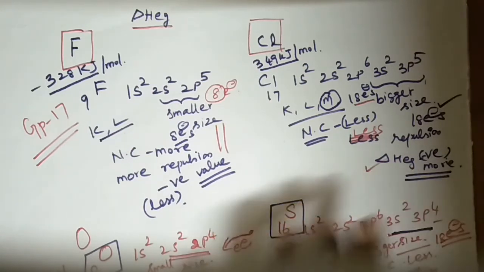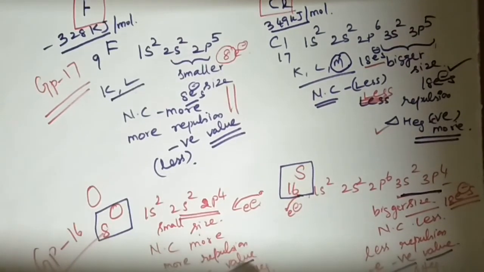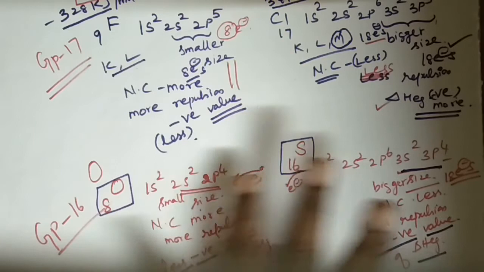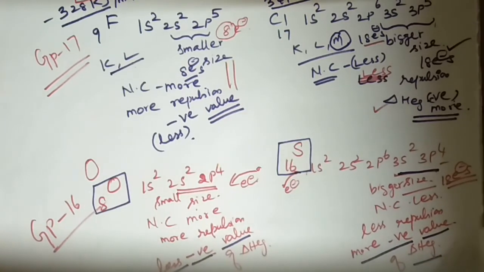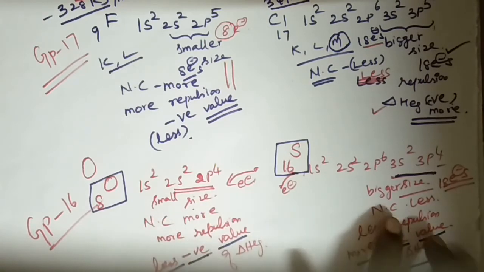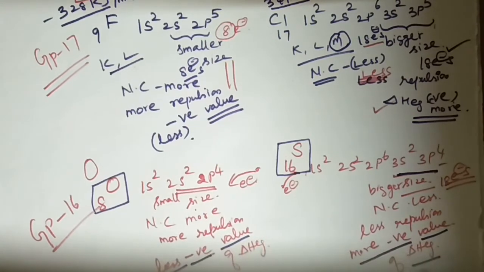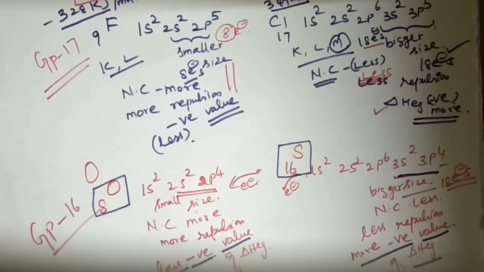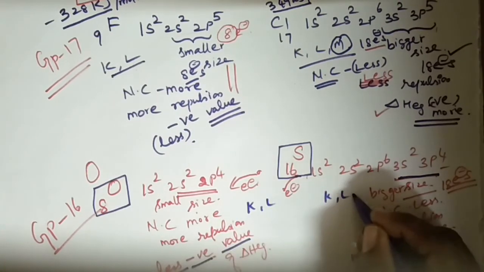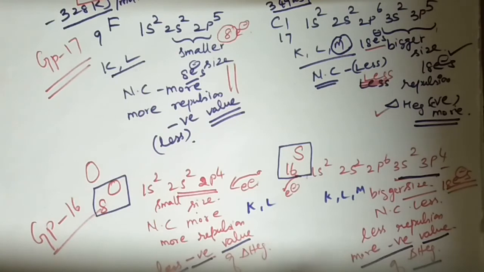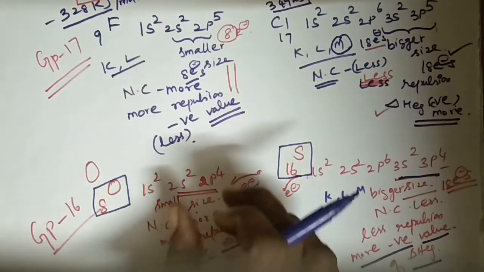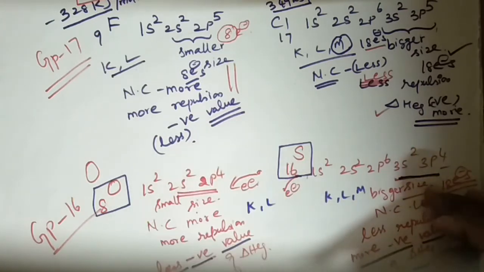Okay, is it clear? The same anomaly could be seen here also in case of group 16 among oxygen and sulfur. The same way you can explain: small size in case of oxygen. Here sulfur is the bigger size due to the number of shells. Here it is only K and L shell. Here it is KLM shells. Okay, and moreover the p orbitals, here it is smaller in size, here it is bigger in size.